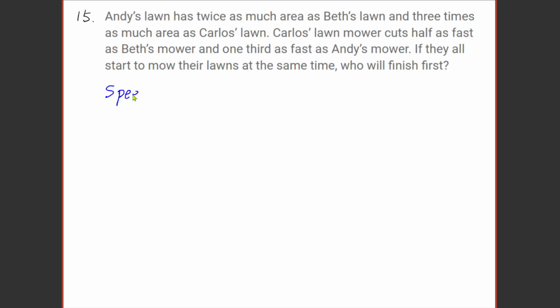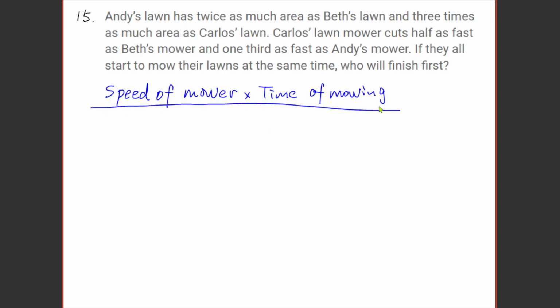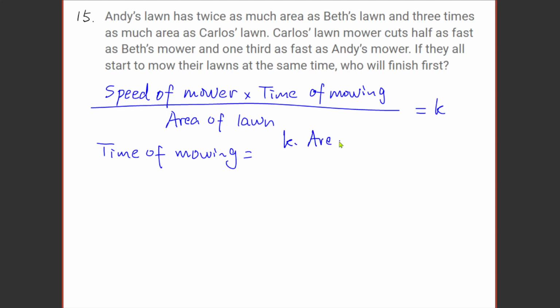The speed of the mower times the time of mowing over the area of the lawn should equal a constant number k, right? Where if you want to find the time of mowing, it should equal k times the area of the lawn over the speed of the mower, right?